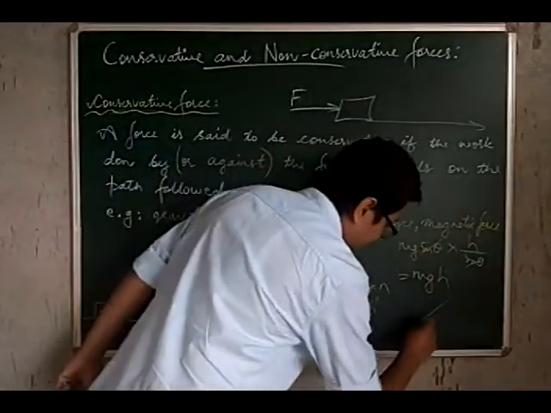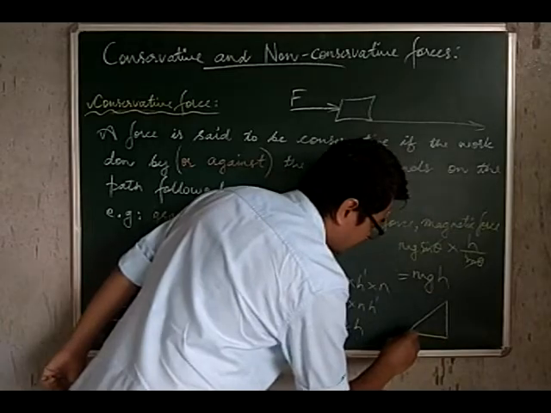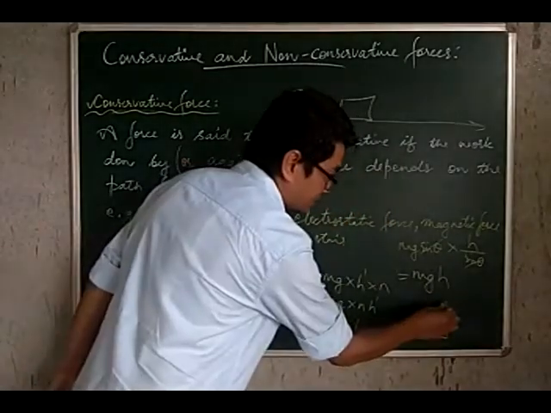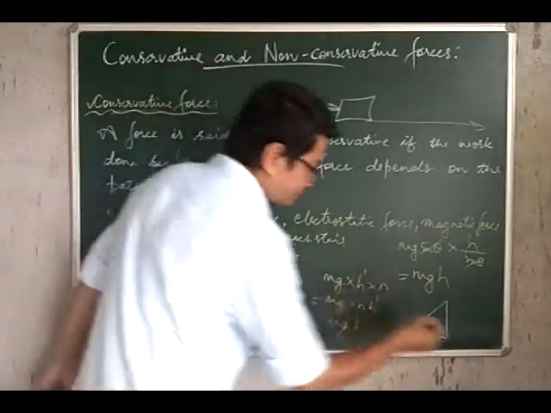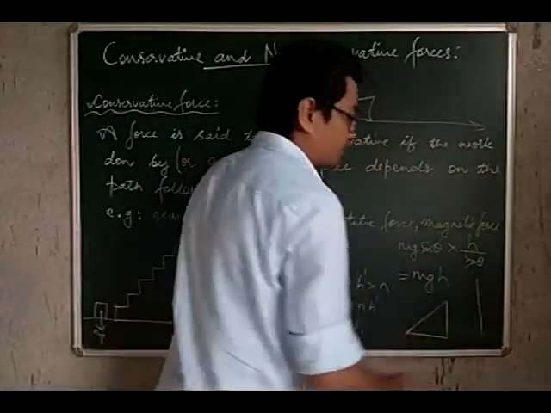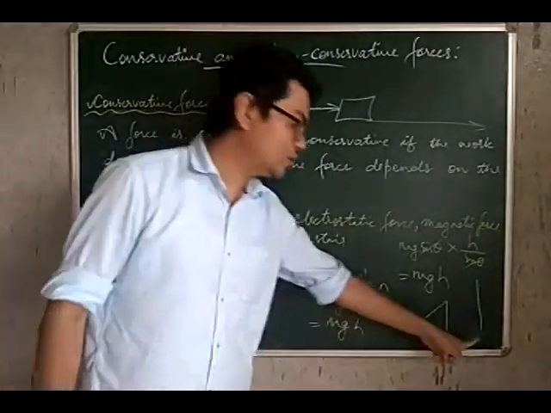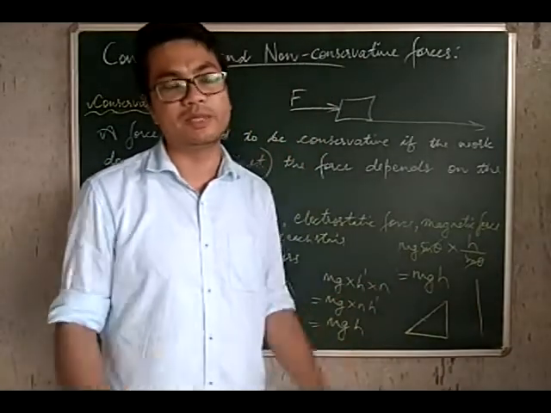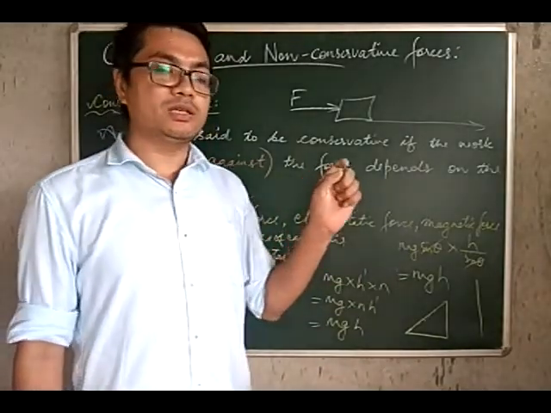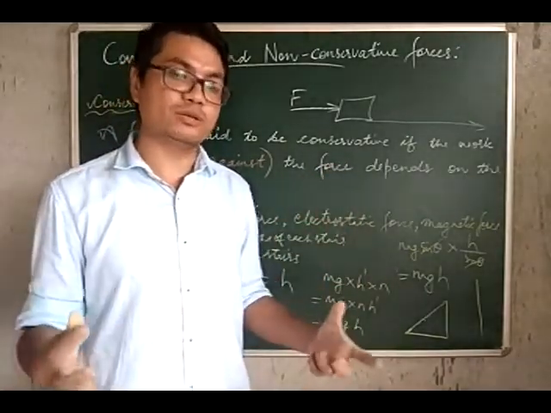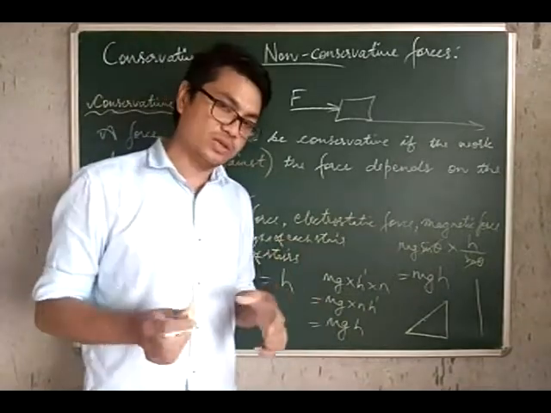And in this case, the work done would be different because the amount of force of friction here would be different. And of course, to lift the body straight up, the work done would be different because the force of friction in this case would obviously be different. So remember, force of gravity or gravitational force in general is an example of conservative force.